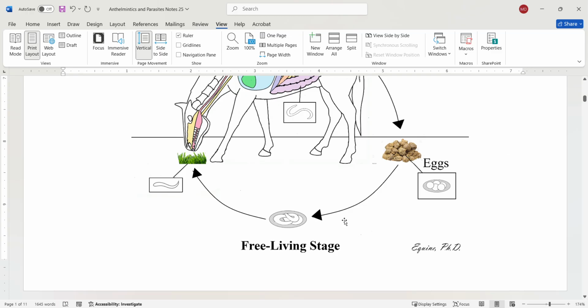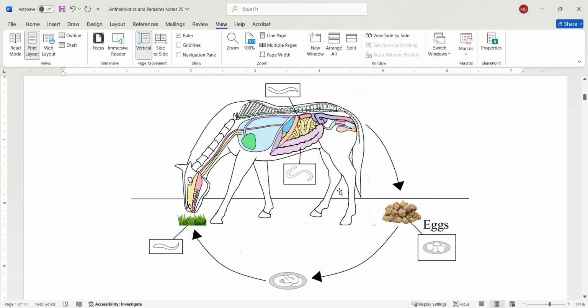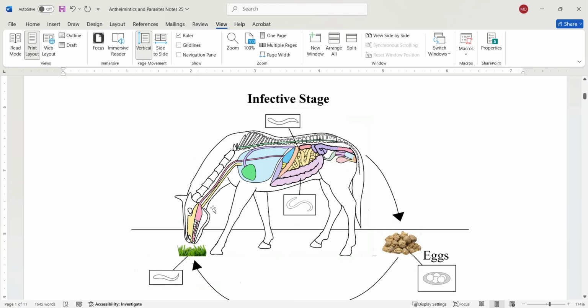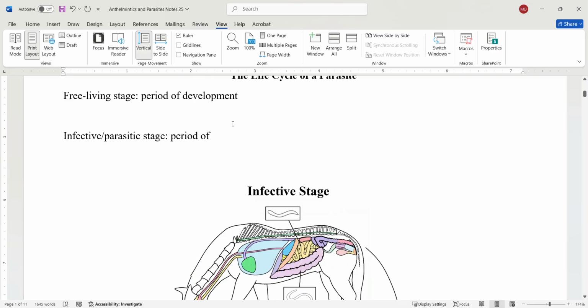Our free living stage is when these parasites are outside of the horse's body and they're developing in the environment, versus our infective stage is when these parasites are within the horse's body and actively infecting them. So the free living stage is the period of development outside of the host, which means the infective or parasitic stage is the period of infecting the host.